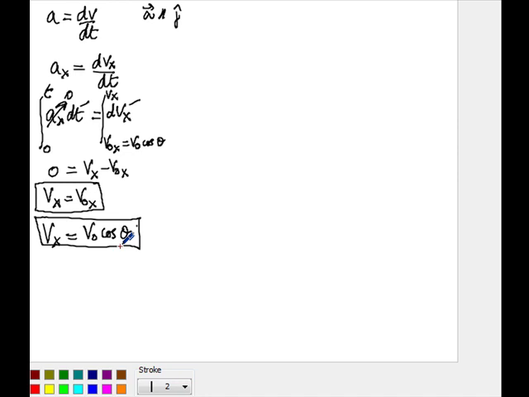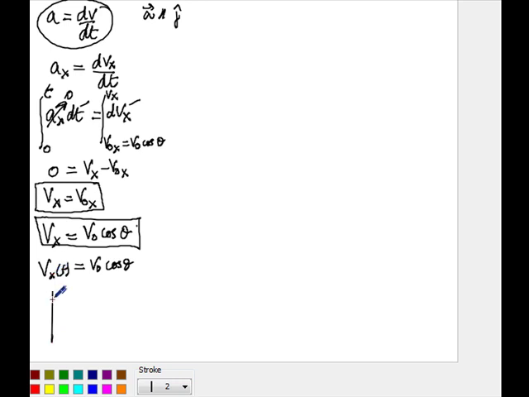So what does that tell us? It tells us that at any time, remember, we're shooting for velocity of x as a function of time, same as before, when we start with a is equal to dv dt. This is telling us that at any time, the velocity in the x direction is entirely independent of time and is always going to be equal to V naught cosine theta.